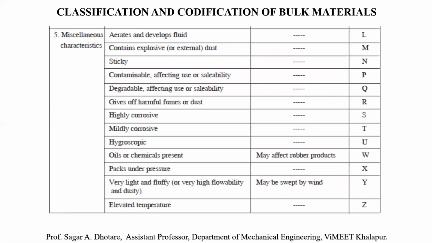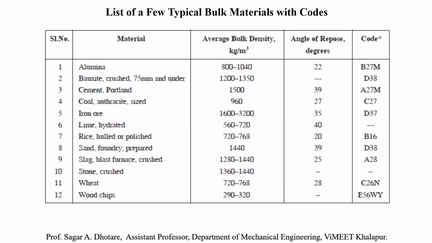Then miscellaneous characteristics depend upon other parameters, that is explosive, stickiness, corrosiveness, hygroscopic, etc. Based on this, you can classify it properly between L to Z. Few materials with the bulk material and their codes: if you consider alumina, the density is between 800 kg per meter cube to 1040 kg per meter cube.